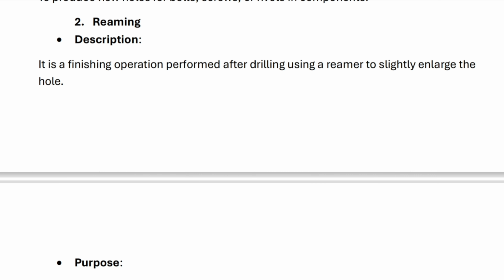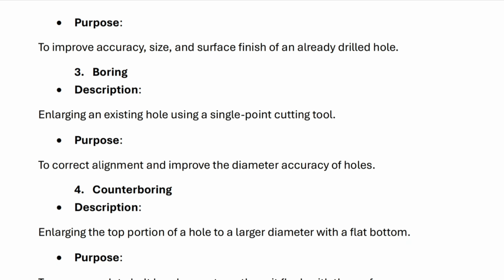The next operation is reaming. What do you mean by reaming? After the drilling operation, reaming slightly enlarges the hole. We use reaming only for enlarging holes. The purpose of reaming is to improve the accuracy, size and surface finish of an already drilled hole.